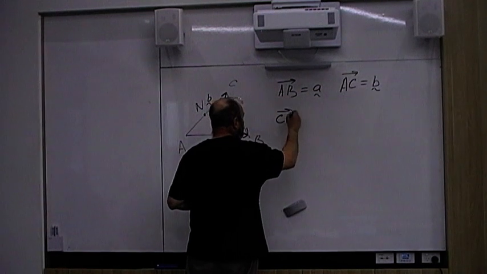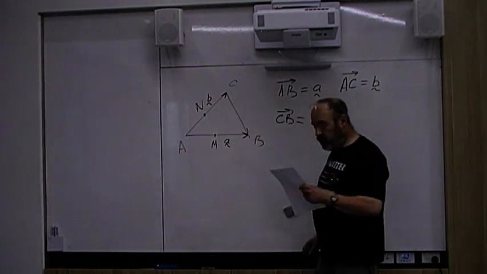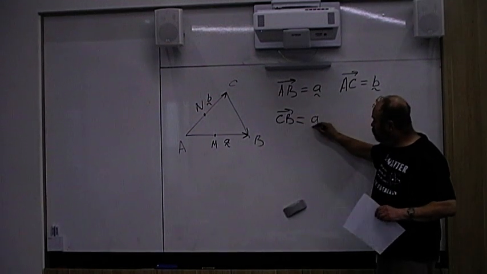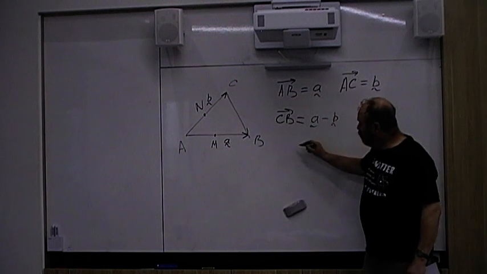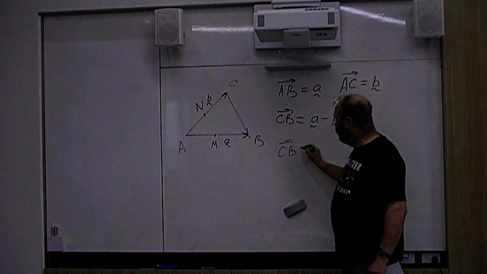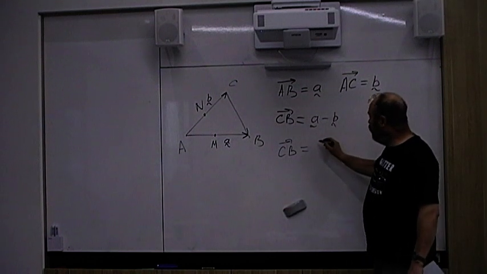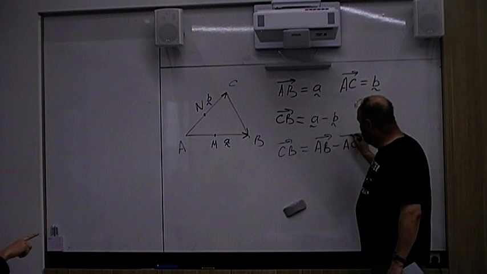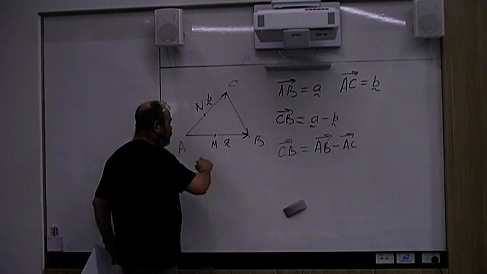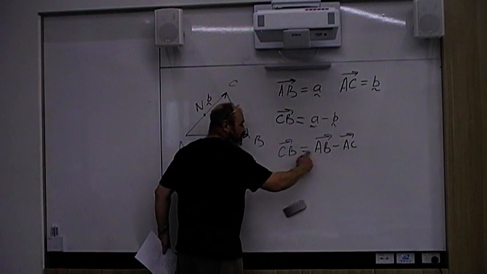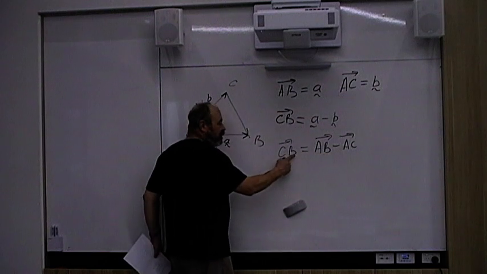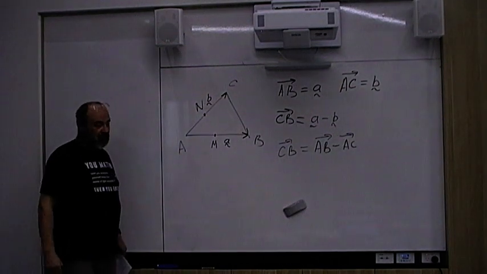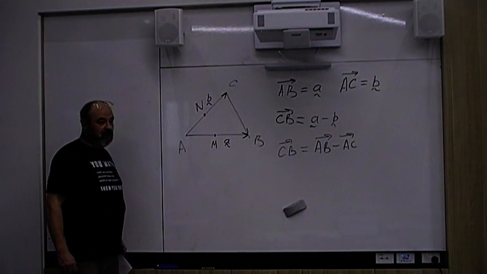Vector CB will be A minus B, because vector CB has to be vector AB minus vector AC. It should be the difference of the vectors, you see. AB has B at the end, minus AC, C is the beginning of the resultant vector. So that will be A minus B.